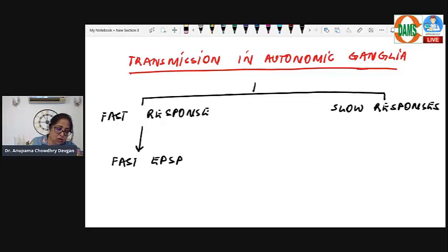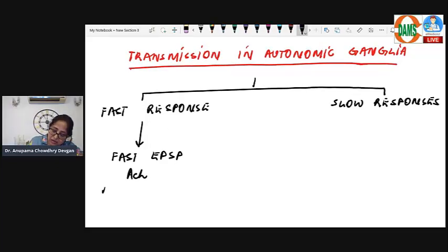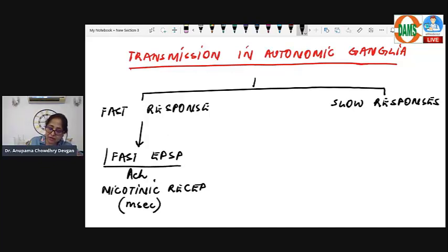This is because of acetylcholine, which acts on nicotinic receptors, and the response time is in milliseconds. This is known as a fast response, fast EPSP.